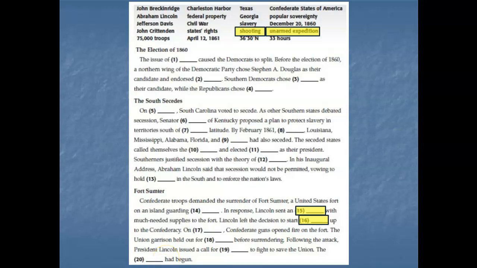He did not want to be the aggressor. He did not want to be the belligerent person starting the fight. He realized that if it was going to happen, the Confederates would have to be the ones to actually begin it. So, on April 12, 1861, Confederate guns opened fire on the fort.